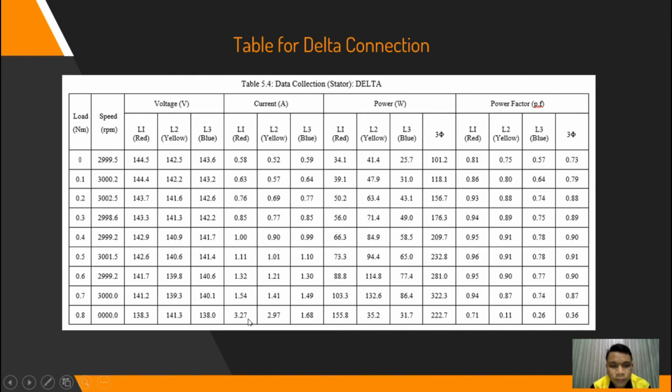The current for the red line is increasing, the yellow line is increasing, and also the blue line. For the power, the red line is increasing, but the yellow line is decreasing, also the blue line. And then the power factor for the red line is decreasing, same as the yellow and the blue line.